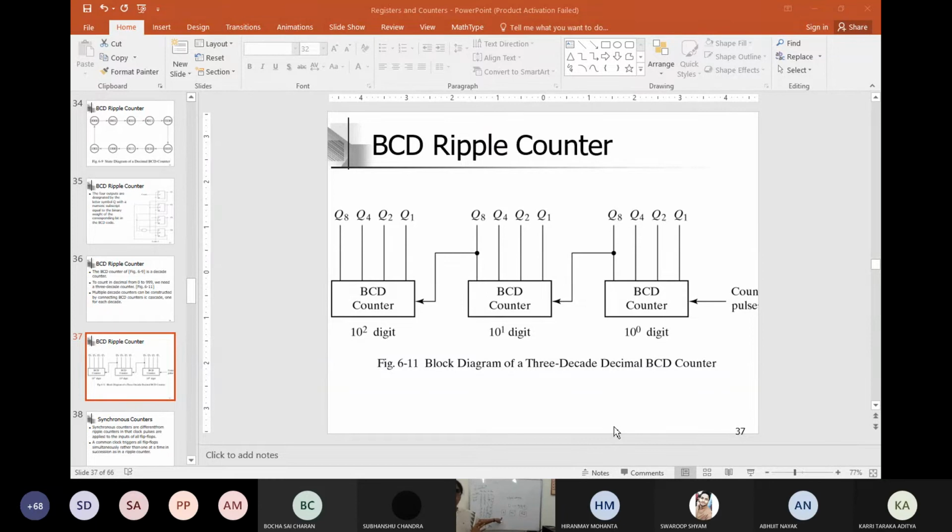This is one counter, this is another counter, this is another counter. All together, I will try to execute, so I can display any number from 0 to 999, isn't it? So this is another interesting fact that we can cascade it, just like amplifiers in analog electronics, how we can cascade amplifiers so that we can increase the gain.